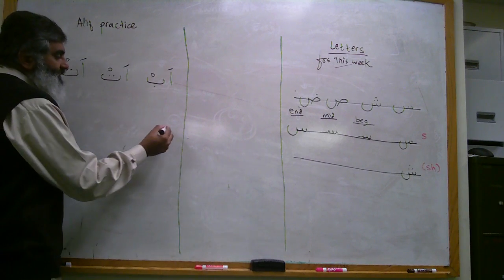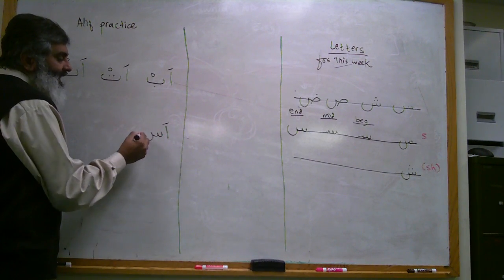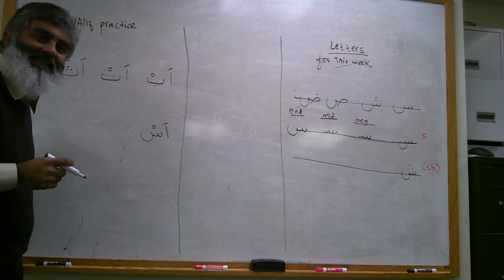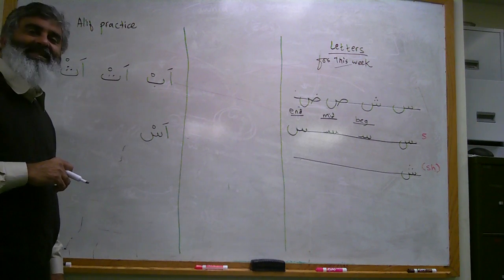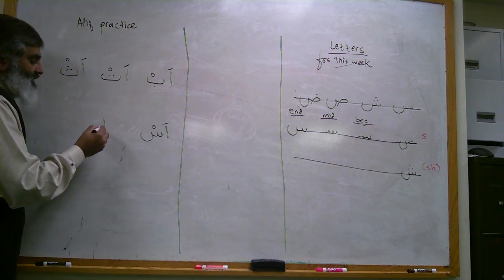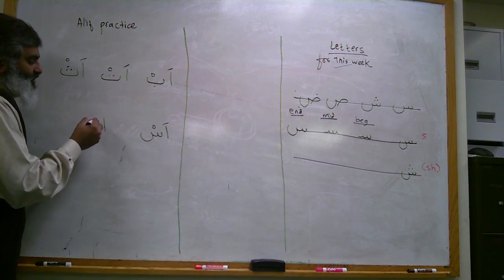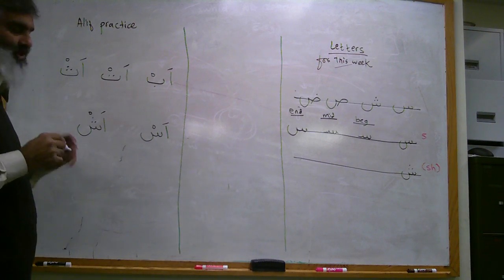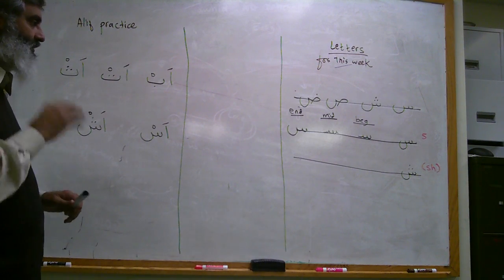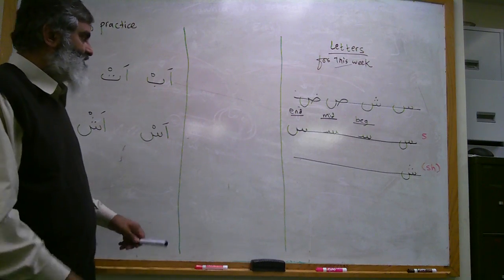For Seen and Sheen, it is As. As. So you see your teeth are straight, lined up. As. And for Sheen, it is Ash. Ash. Us and Ash. So this shows you where exactly the letter comes from.